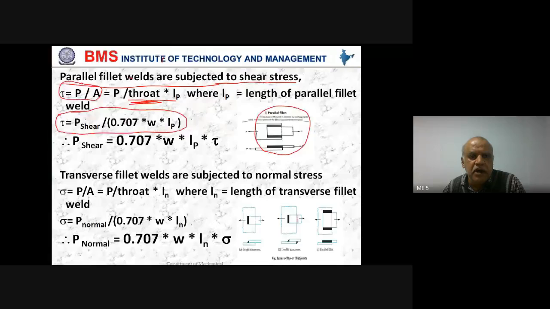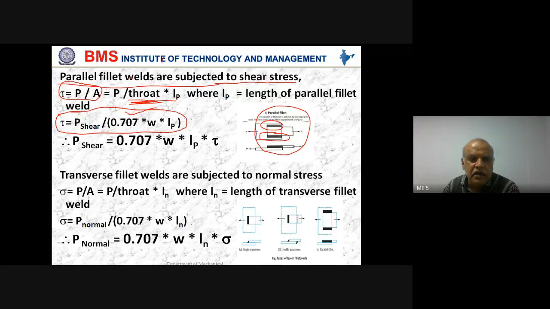Why it is 0.707 W is because of the throat. Throat of the weld is given by 0.707, that is cos 45 times W. So throat is replaced by 0.707 W into length of parallel fillet weld. Length of parallel fillet weld is length of this plus length of this weld, put together is total length of the weld.